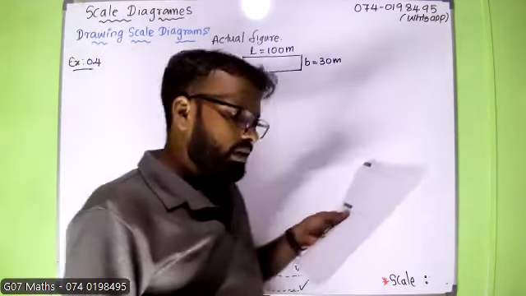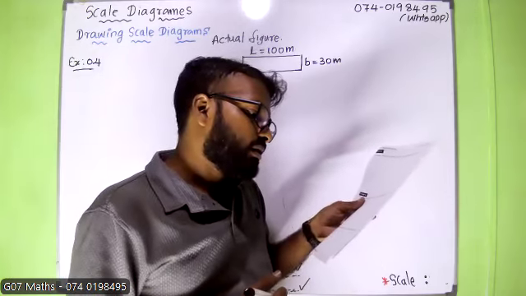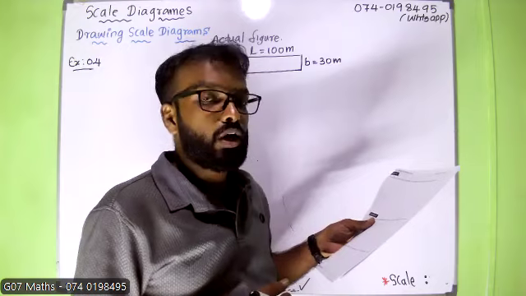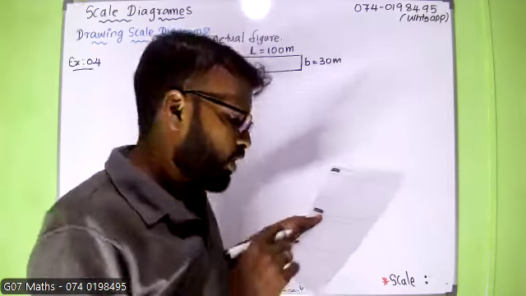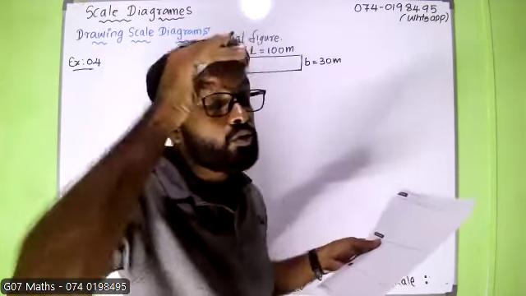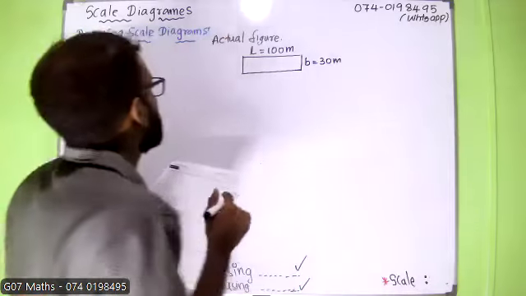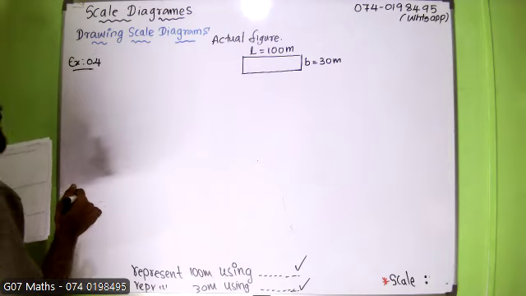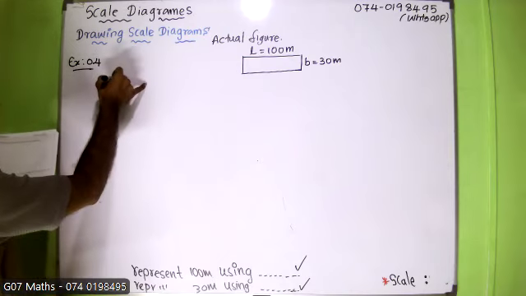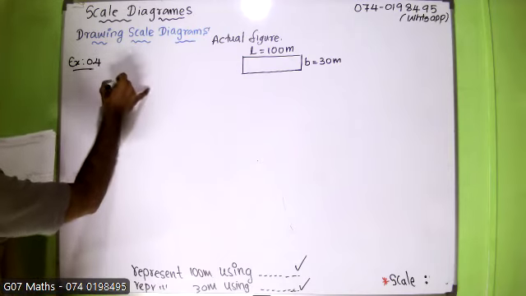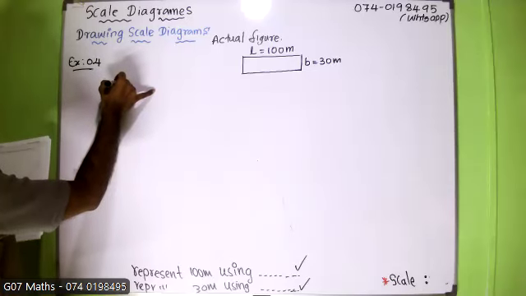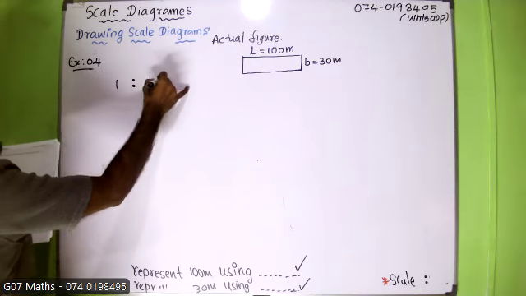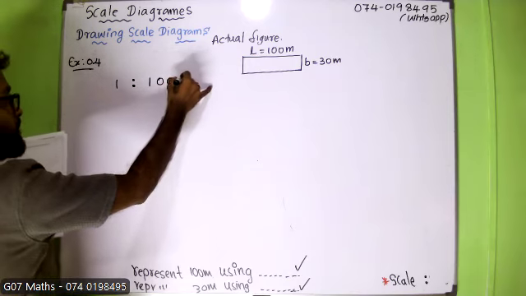And they have given the scale 1 to 1000. So you have to use that scale to draw. So first of all, I will use that scale. This is my ratio 1 to 1000. What is the meaning of this?